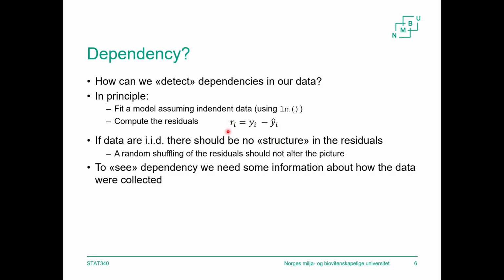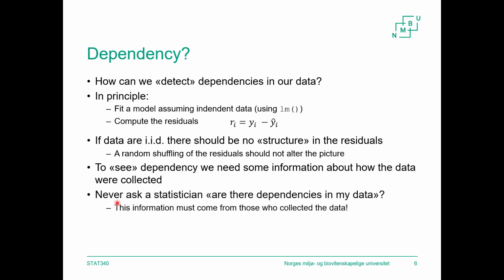For instance, do some residuals come from some experimental units in our data set, and do they group at one end of the plot or something like that? This type of information is really crucial in order to see if you have some dependency in your data.